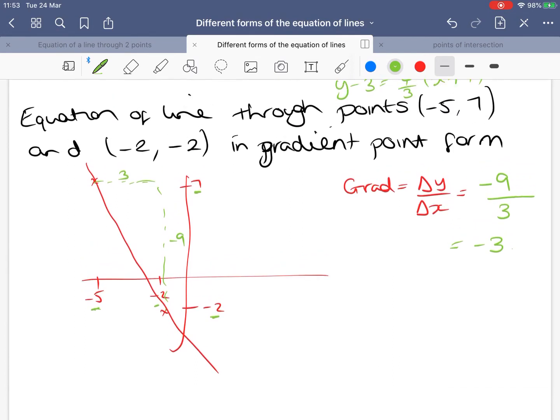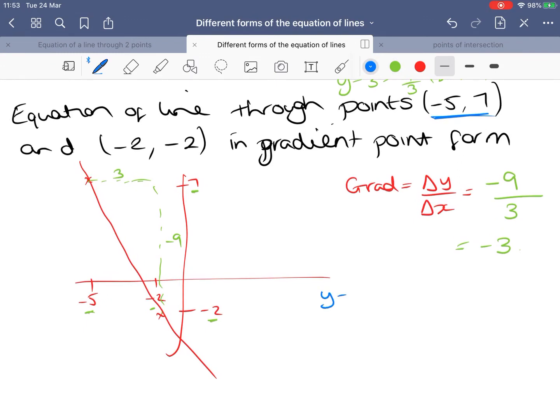So again, we can now write this in two ways because we can use either point. So I can say y minus 7, because 7 is the y value, is equal to the gradient times x minus, -5, because that's the x part. So tidy that up, it would be x plus 5.